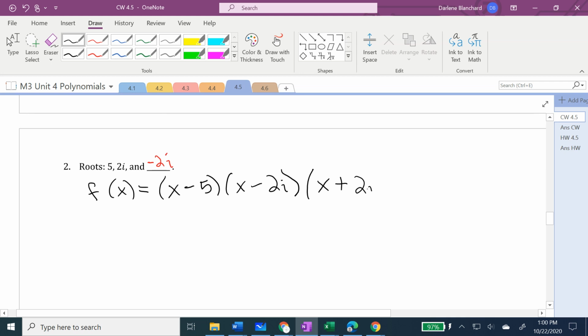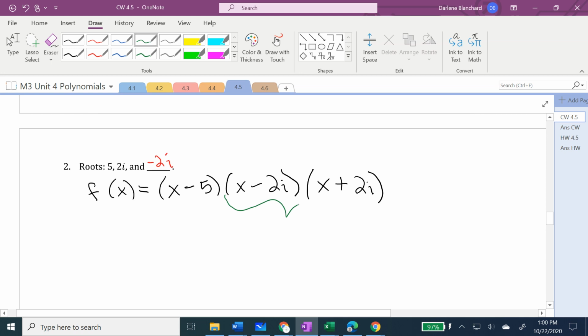So I'll change that to plus 2i. Okay, that's fine. And also, when you do have a pair of conjugate roots, you want to multiply that pair together before you combine them with anything else. It will save you a lot of pain.